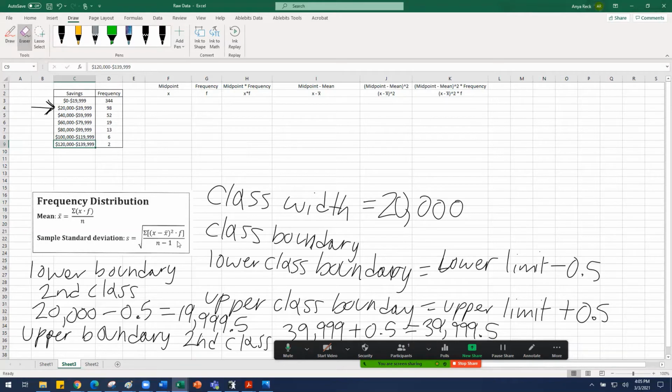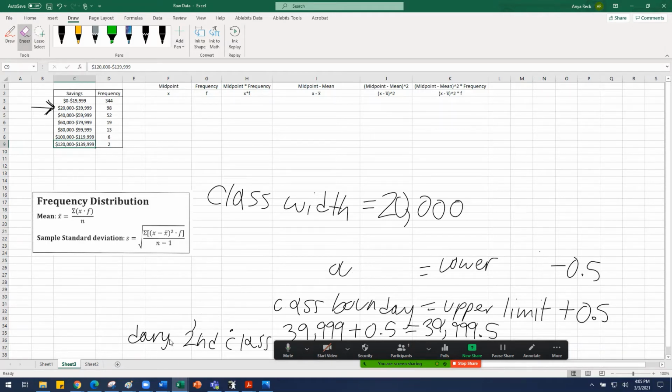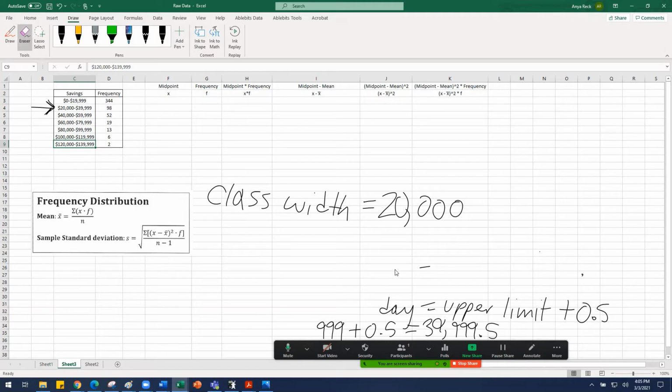Next, we're going to discuss how to find the class midpoints. So to get the class midpoints, you take the two lower limits of two classes, add them together, and divide by 2.